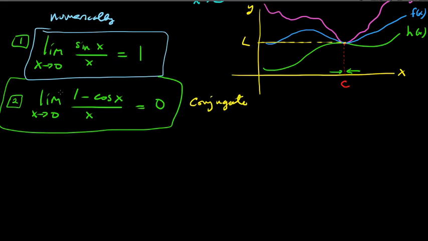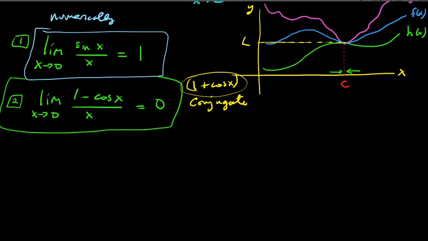The conjugate of the numerator is 1 plus cosine x, so you might want to multiply and divide by 1 plus cosine x. Go through the algebra, and I think that will give you the answer 0. It's a good exercise, just more algebra and a little bit of trigonometry, but I think you can handle that.